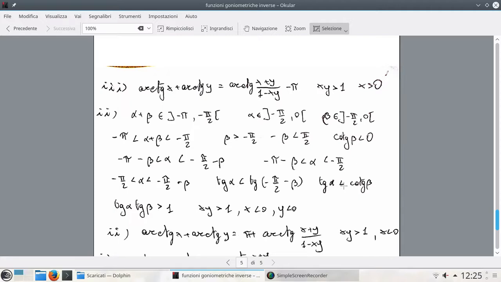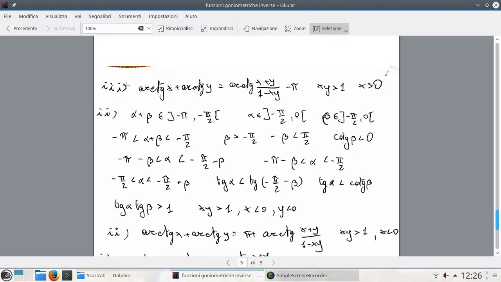Cotangent beta is negative, so we have tangent alpha times tangent beta greater than 1. So we have x and y negative, and x times y greater than 1.